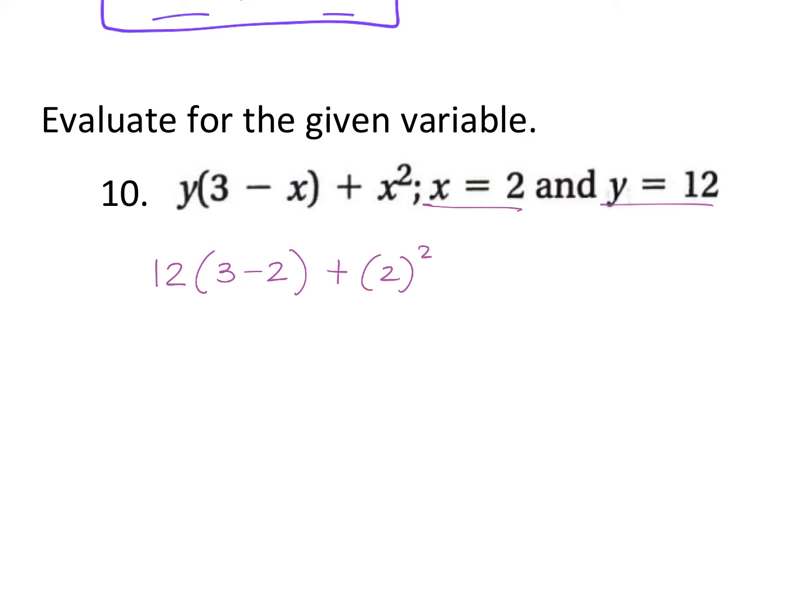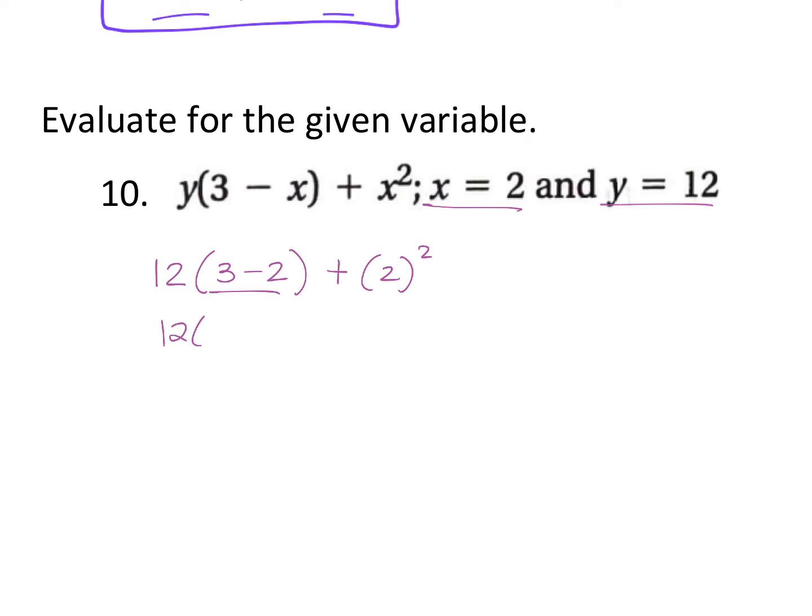What did you get? 16. Okay, so here's what I saw on the quiz a lot: a lot of people distributed right here, which is fine, but it's where a lot of people made mistakes because there was a negative out in front or negatives that got left behind. I think the easiest way is to follow PEMDAS. 3 minus 2, parentheses, right? Do that first.